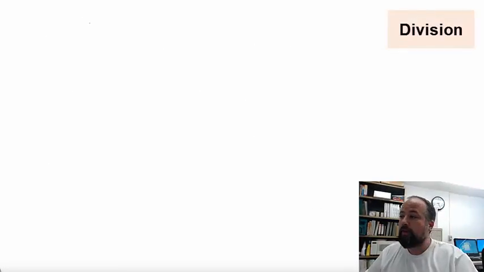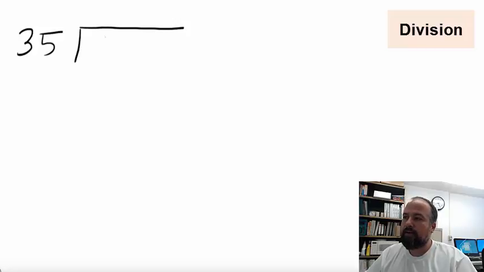Division, much the same system. So let's divide 35 into, let's say, 412. So obviously 35 can't go into 4, so it goes into 41. It goes into that 1 time. 1 times 35 is 35.